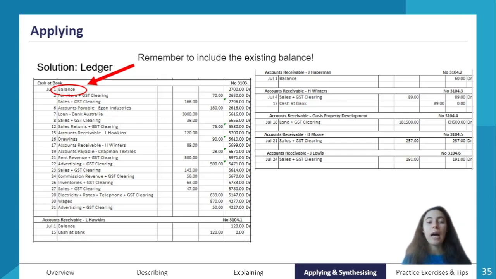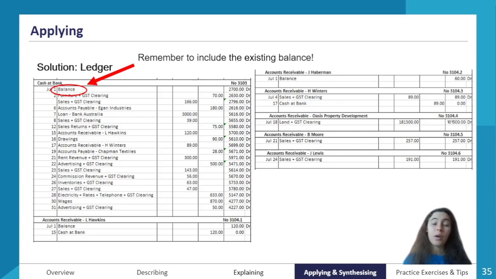So take note of that and add that in. All you need to put is balance as the description, and then put it just as the debit, or if it's a credit as well, put that nature there as well. And then following that, you can add all of your additional transactions in the relevant columns.